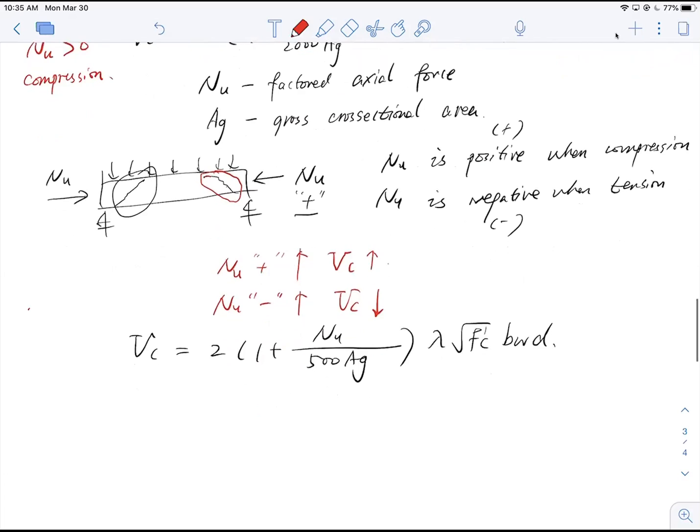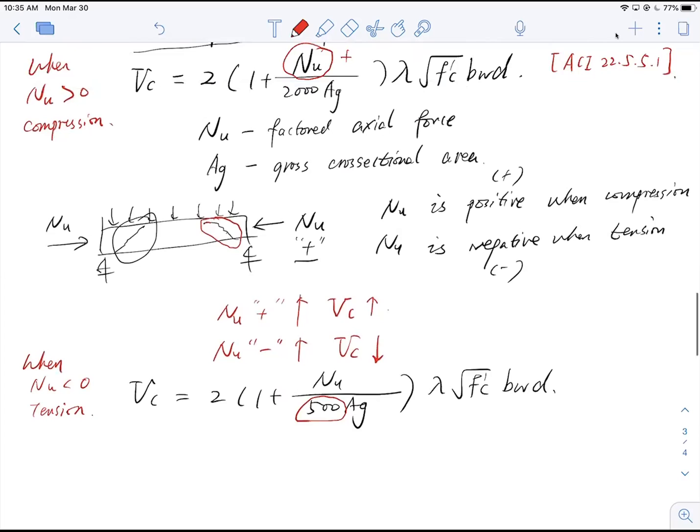And this is when Nu is negative, or tension. Equation changed slightly, and the main change is right here. You notice that this number 500 is smaller than 2000. Means if I have compression force, the enhancement to the concrete shear resistance is smaller than the reduction of concrete shear resistance in terms of tension force.